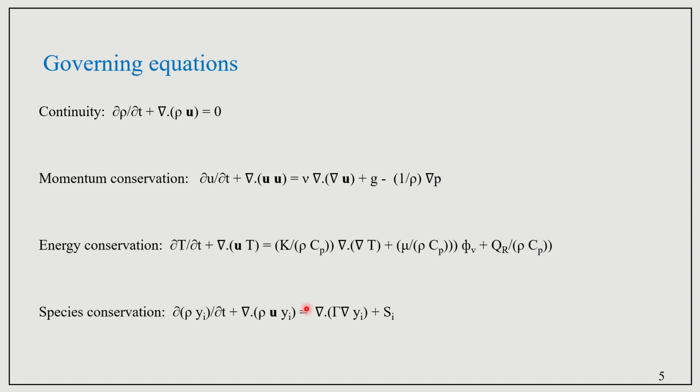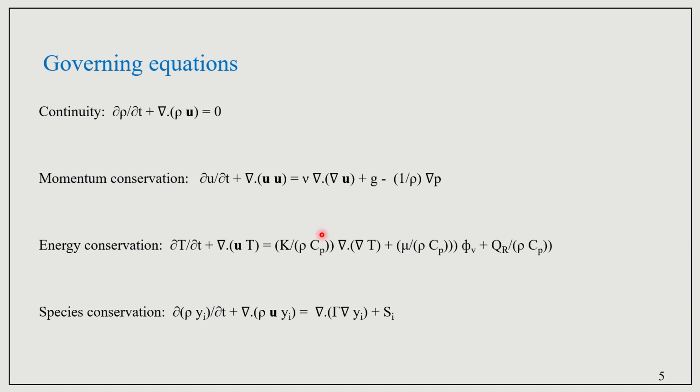And for species conservation, again we have dou into rho Yi by dou t plus del dot rho into u into Yi equal to del dot gamma delta Yi plus Si. So Y is the species fraction or species mass, and Si is the source term.